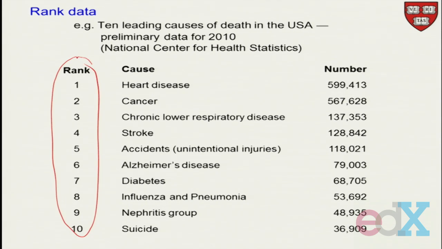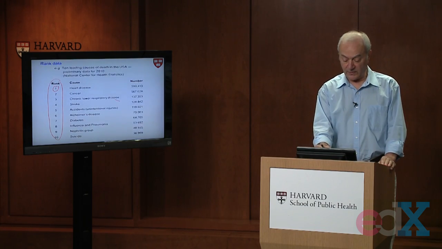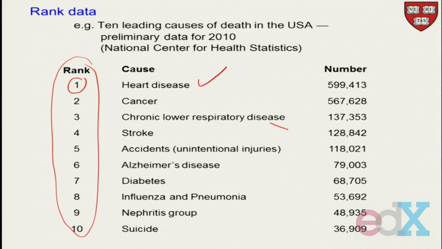So here, for example, are the 10 leading causes of death in the US for 2010. And we look and see that rank 1, or the highest, or the most deaths in this classification system were due to what was classified as heart disease. Number 2 was cancer. Number 3 was chronic lower respiratory disease, and so on.